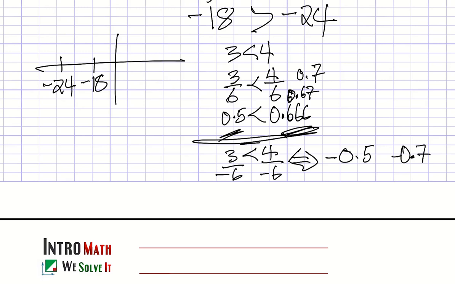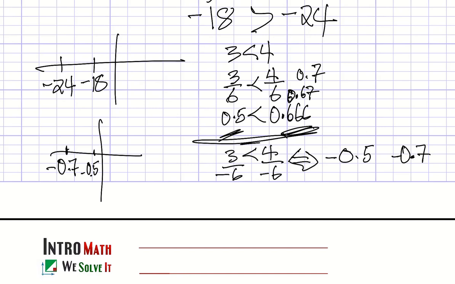Which one is greater? If you draw it, negative 0.7 will be here, and negative 0.5 will be over here.